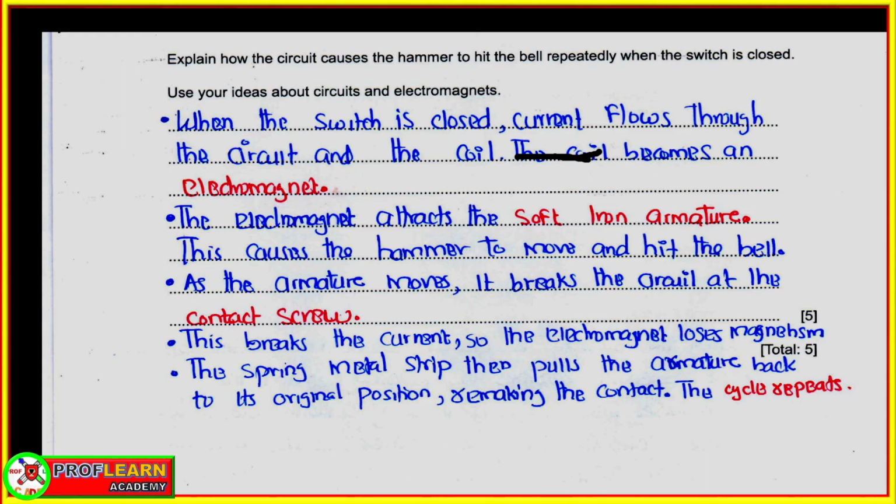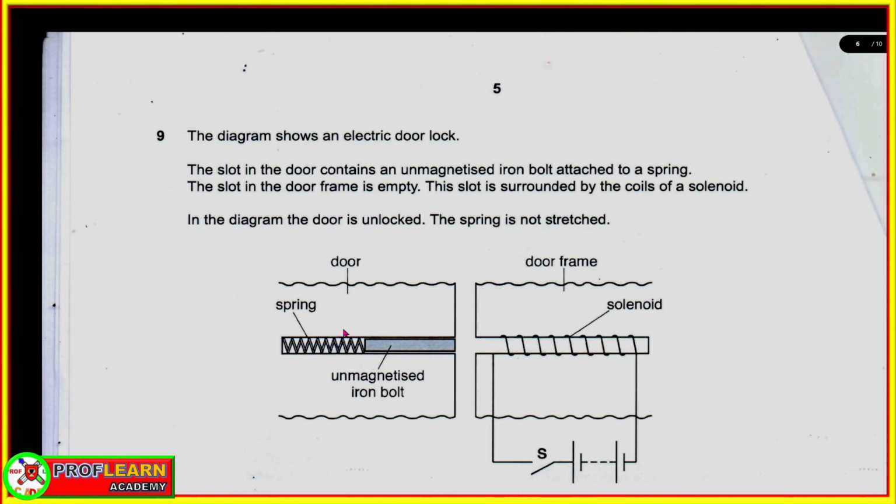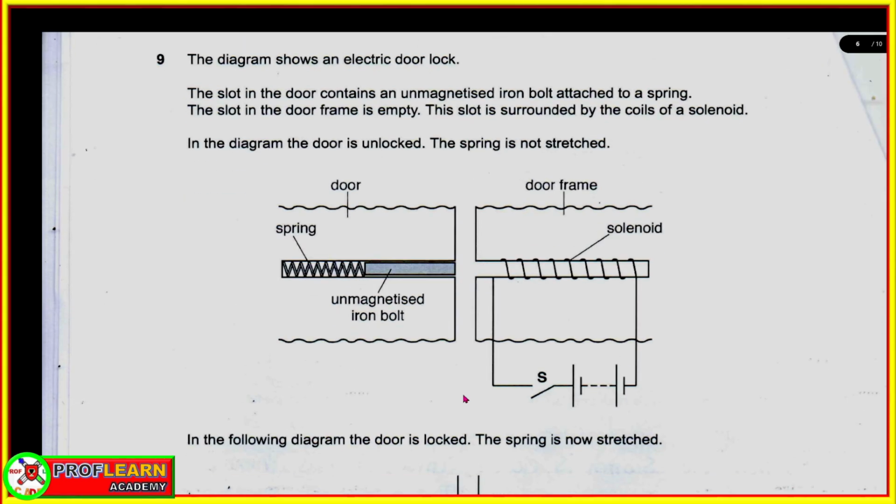Looking further into this, we are having a spring here, and we have an unmagnetized iron lock. So you can see now, if you close the switch, we're seeing how electricity can be used to lock the door.